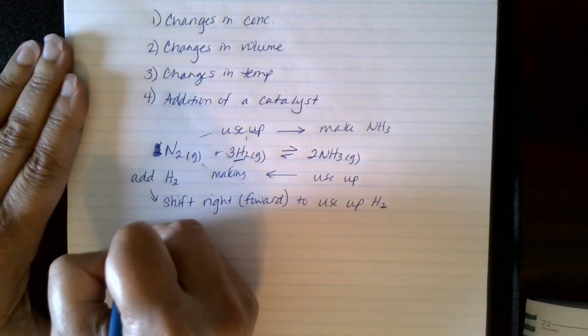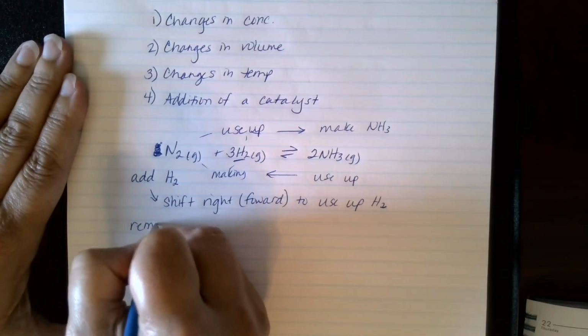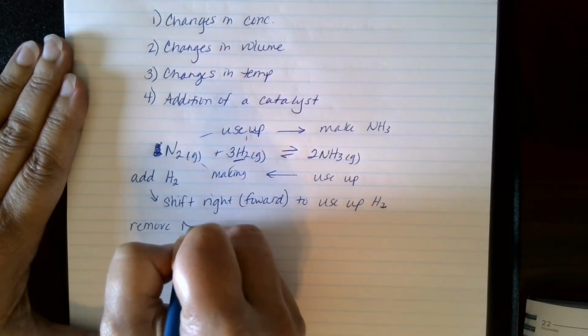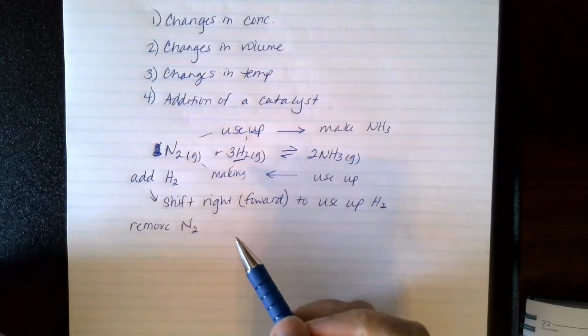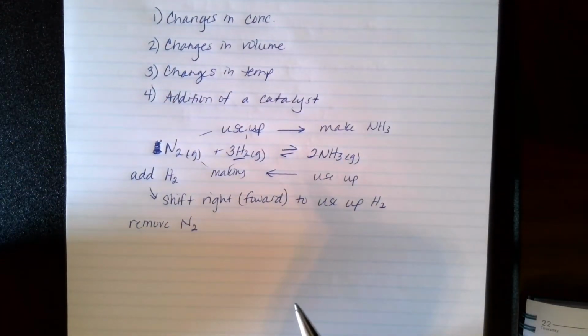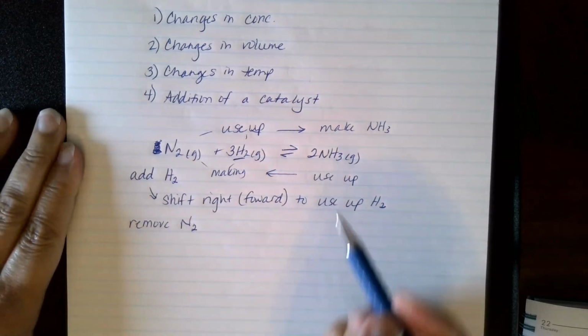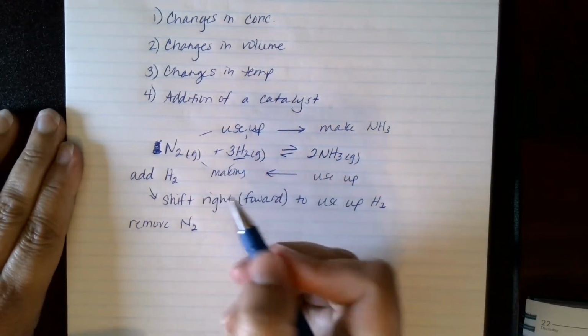Let's say that I'm going to remove some nitrogen. If I take the nitrogen away, the reaction says, oh no, I want the nitrogen back. So if I'm going to be able to make more nitrogen, I have to shift to the left.